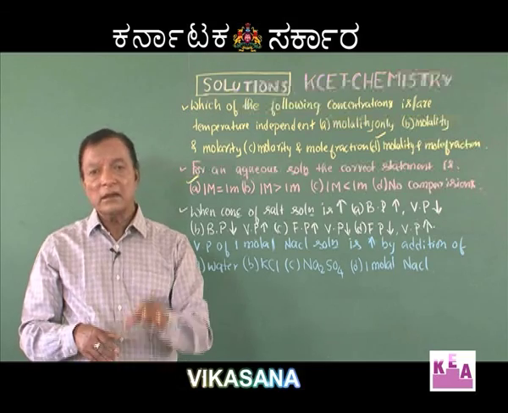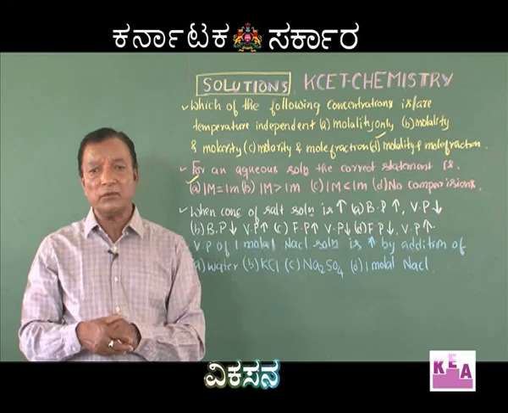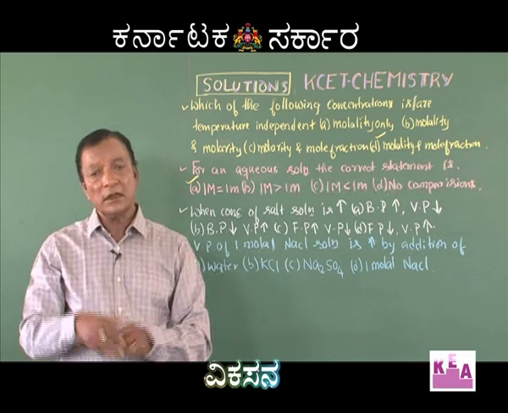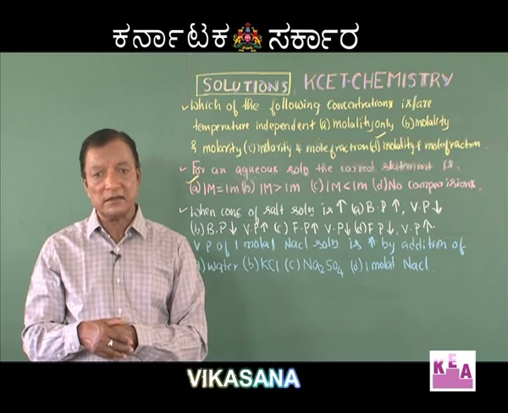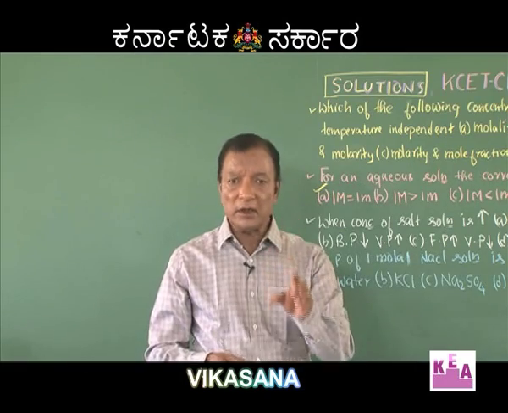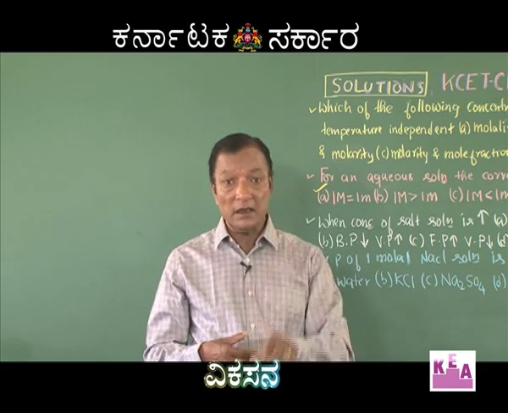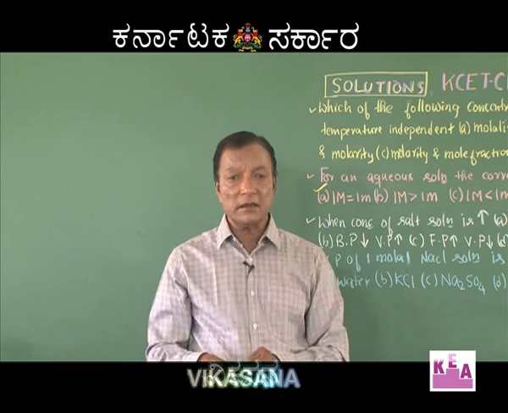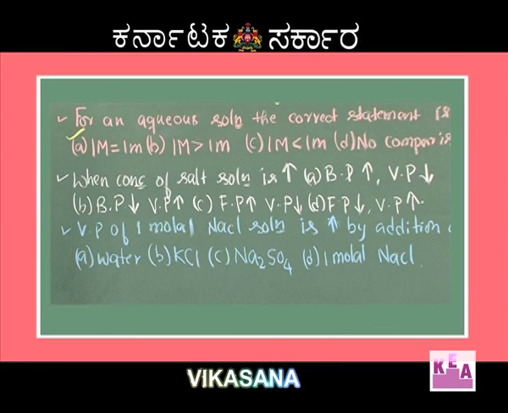Thereby, the solution has to be heated beyond the boiling point of the pure solvent in order to have the vapor pressure and atmospheric pressure equalized. Hence, boiling point increases and the vapor pressure decreases. This continues with further additions of the solute. Therefore, it is the first option, boiling point increases and vapor pressure decreases.